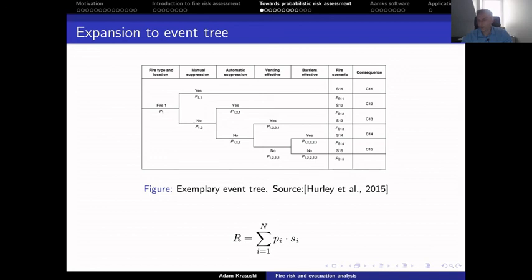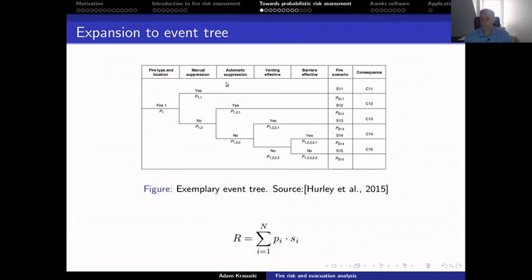Namely, let's consider the safety, taking into account the safety measures applied in this building. In this case, we may evaluate the risk of the specific building, taking into account the safety measures applied, and also the probabilities that they may fail.